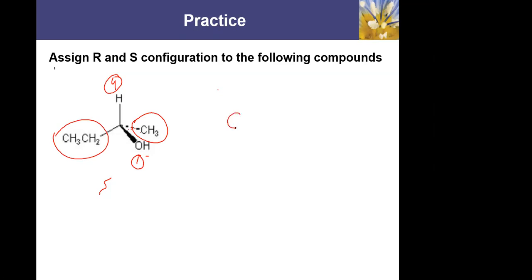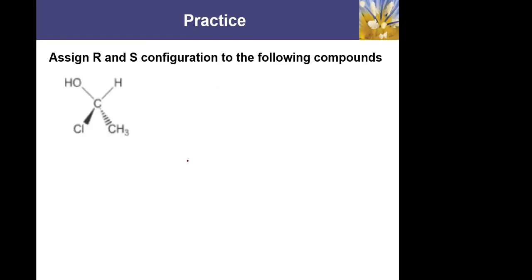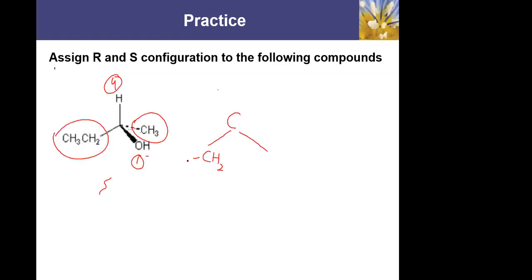This is CH2, and then you have CH3. And this side I have CH3. So we have C and C here. Both of them are 6 and 6. This is also 6, this is 6, also 6, right?